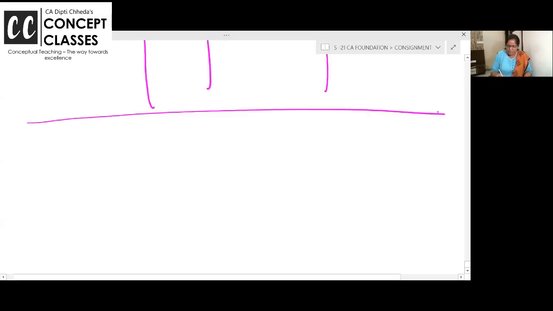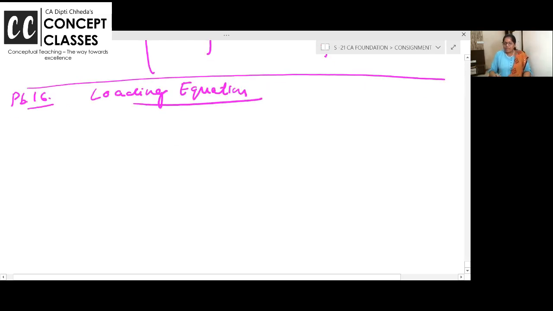We will make the equation. Let's go over to your notebook. I have to teach you in the books of consignment also, we will do that too. Problem number 16. I am giving the heading as loading equation, dear students. We are practicing how to make the loading. Just simple bits are there.